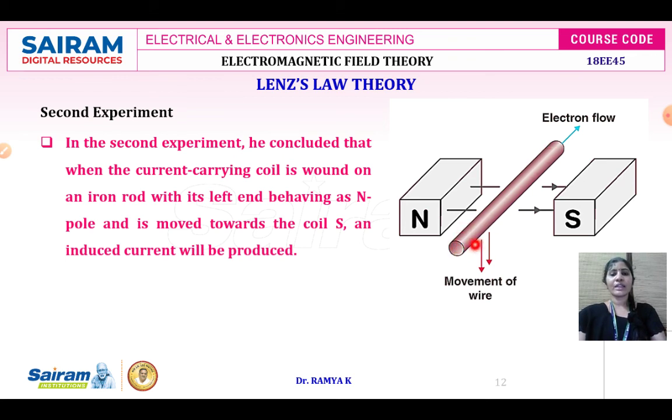Now when your current carrying conductor is wound on the iron rod, it behaves as a north pole, and there is a force of attraction or repulsion between the two magnets. So it behaves as a north pole, and when it is moved towards the southern coil, a current will get induced. That is, movement of the conductor causes a current to flow through the coil.